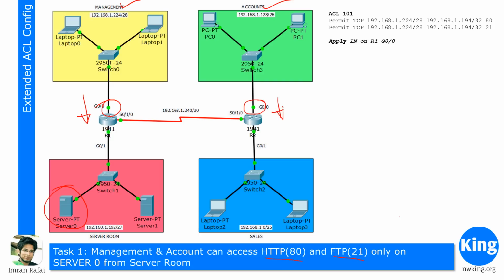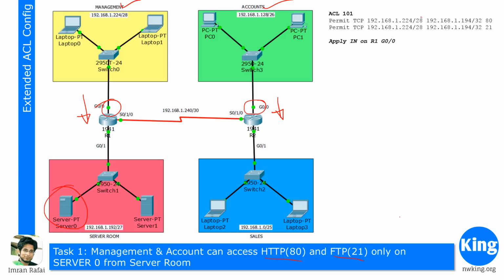So what are the commands? We'll do the classic approach for the management ACL. We say permit tcp. Why are we saying TCP? Because HTTP port 80 is TCP. If you had given permit ip, that means it will let everything go through, but we only want TCP port 80. So we're saying permit tcp 192.168.1.224/28.